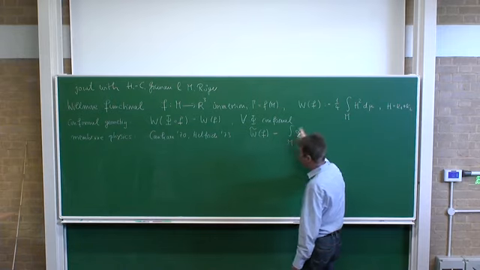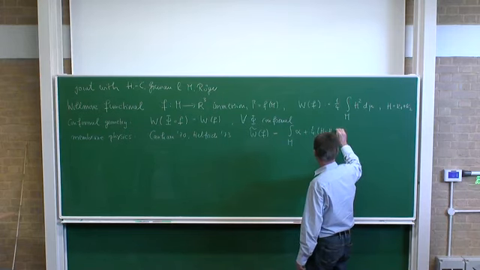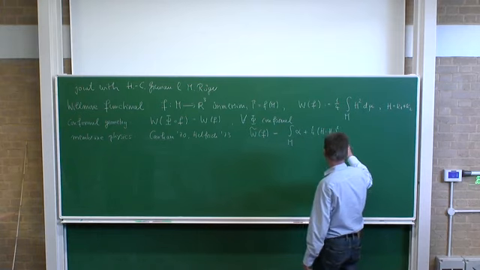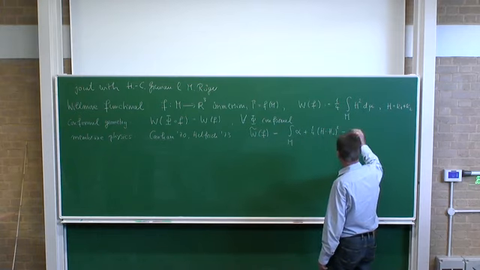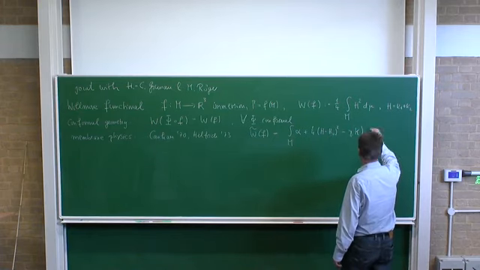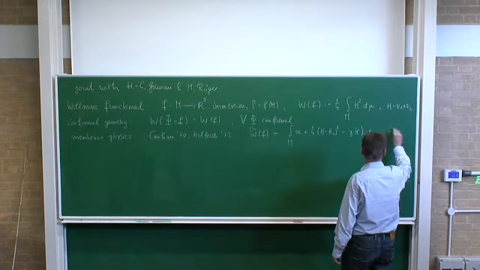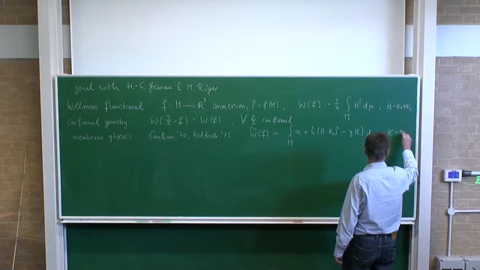There is a term penalizing area. Then there is a term which also involves the mean curvature minus some so-called spontaneous curvature, H naught. And then also another term which involves the Gauss curvature, K. So K is the product of the principal curvatures.